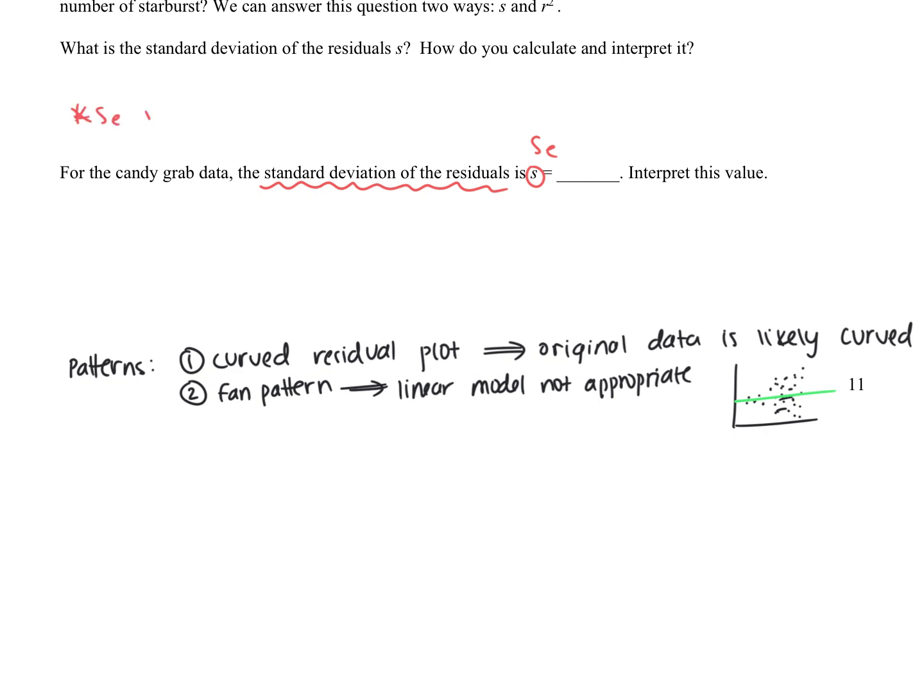SE is the typical residual. It's typically how far the actual values differ from the predictions.